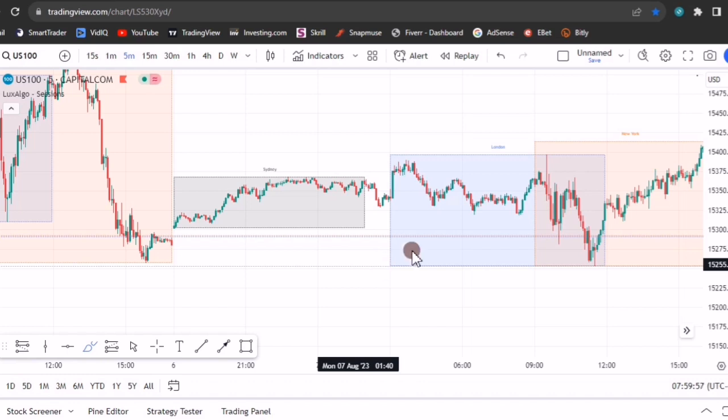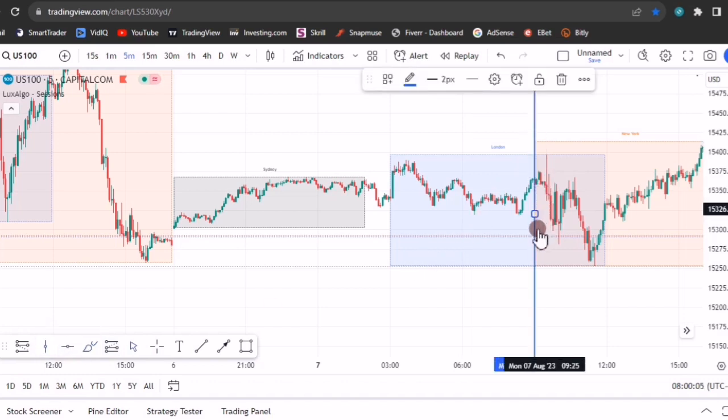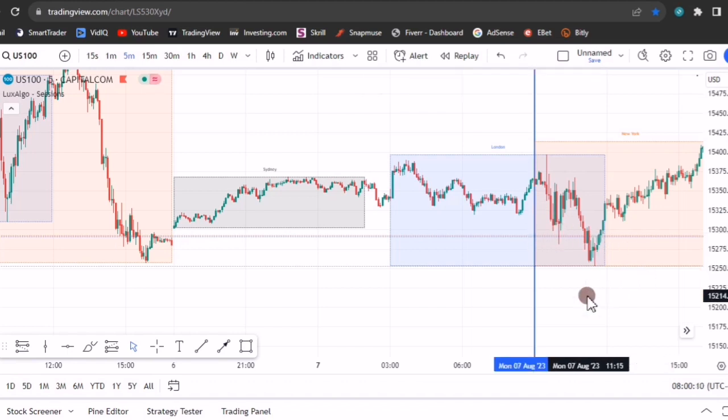Maybe the last thing that I can add is that make sure you also set an alarm, or you identify the beginning of the New York session. That is 3 p.m. for South Africans. I don't know about your location. You can research it again, because at the beginning of the New York session, you have to get out and close your trades, because price is very likely to misbehave.